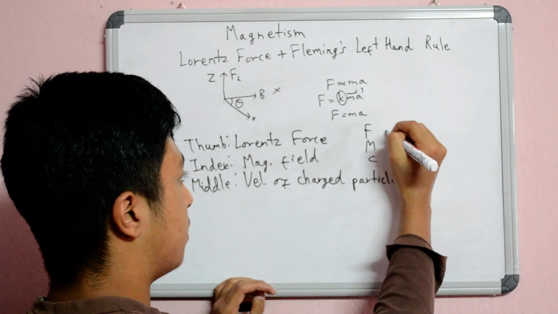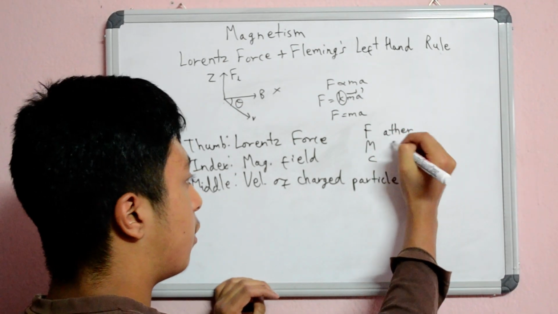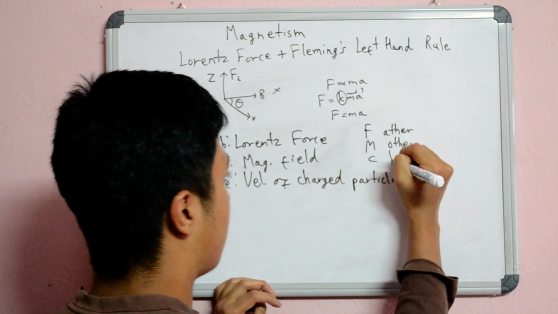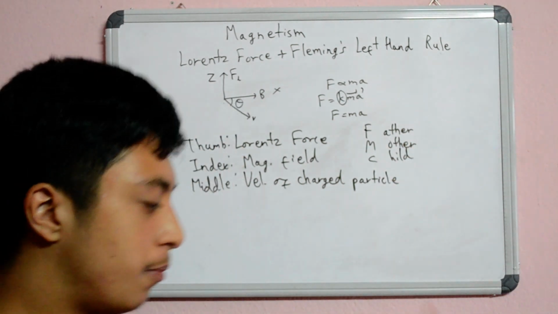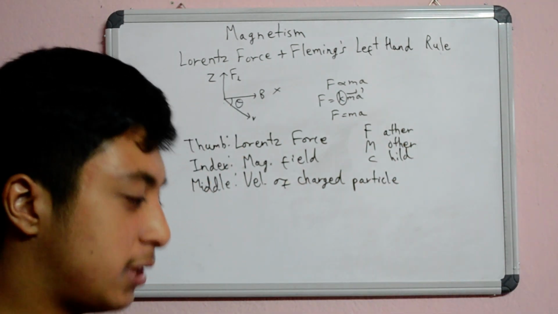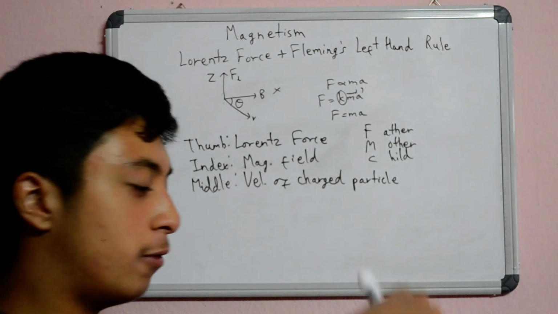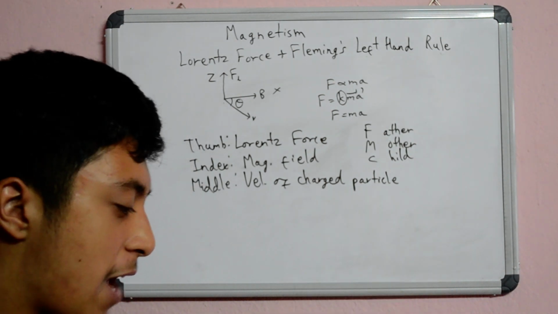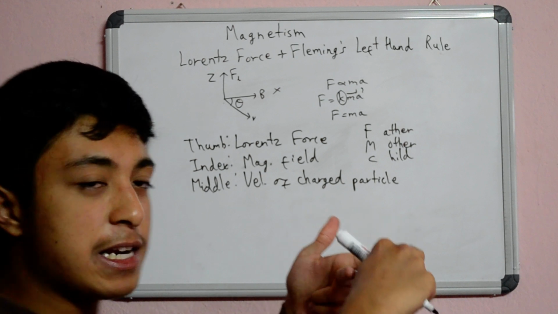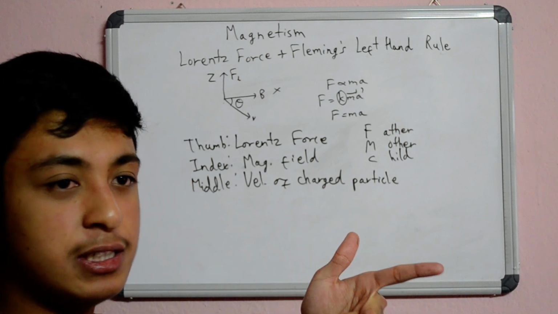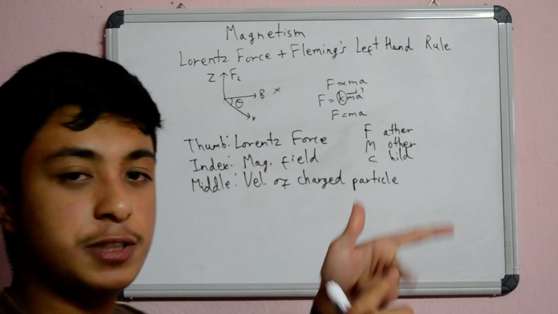And you can remember father, mother, and child for thumb, index, and middle finger. Father, mother, child. F for father, F for force, Lorentz force. M for mother, M for magnetic field. And C for child, C for velocity of charged particle.